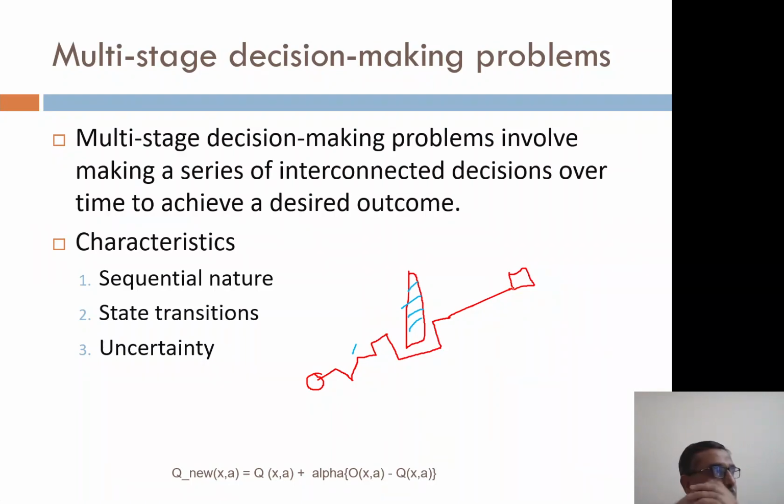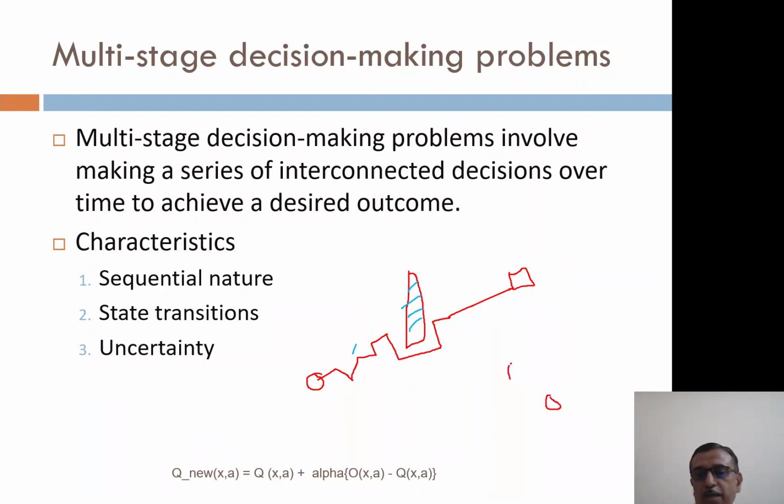Then whenever there is an action, there is a concept called state, which will be clear by the end of today's lecture. There's a concept of state, and when you take an action, the state will change. For example, the state could be anything. In the case of a robot, the state could be the position of the robot, its x and y coordinates, plus its orientation.